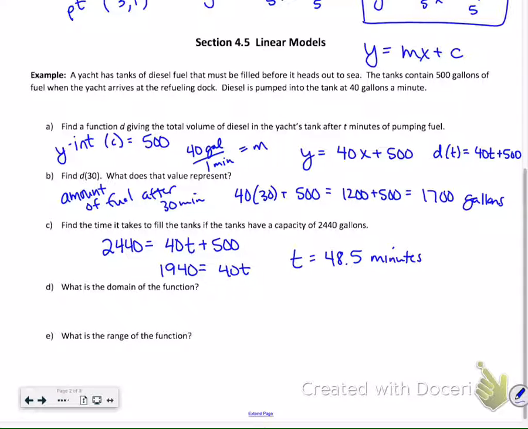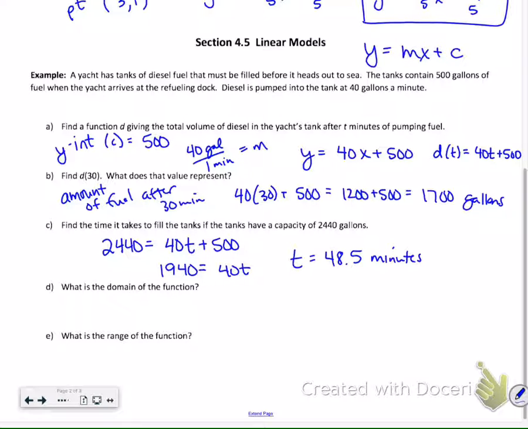Now, finally, what is the domain and what is the range of the function? So this is a line. So if you drew a picture of a line, it has a domain of all real numbers and a range of all real numbers. But in this case, it doesn't make sense for that to be the case. For example, my domain are my t values, which is my time. You can't have a negative amount of time.